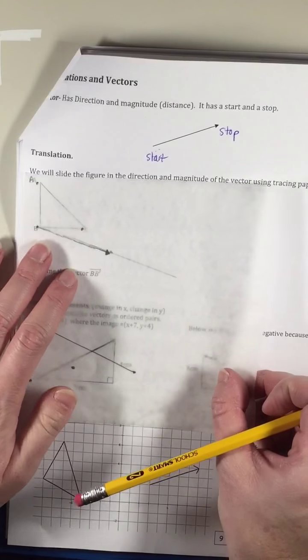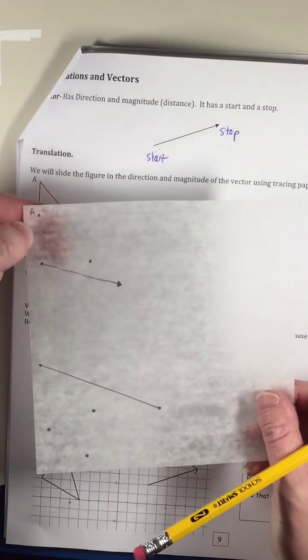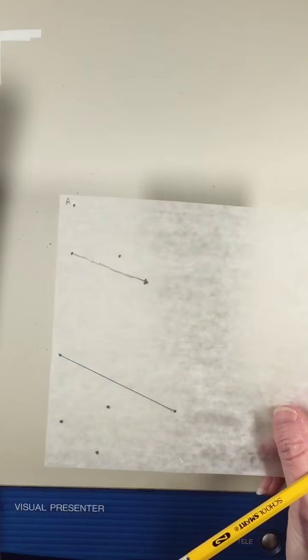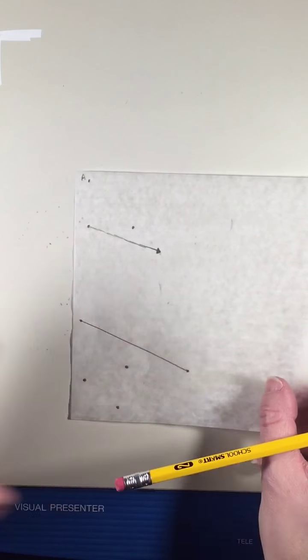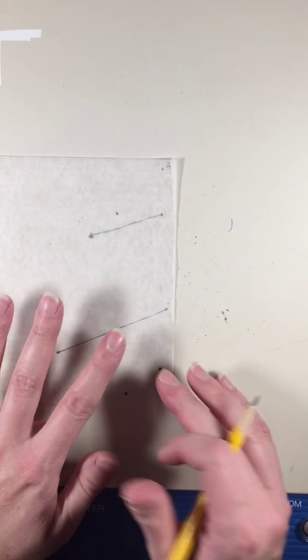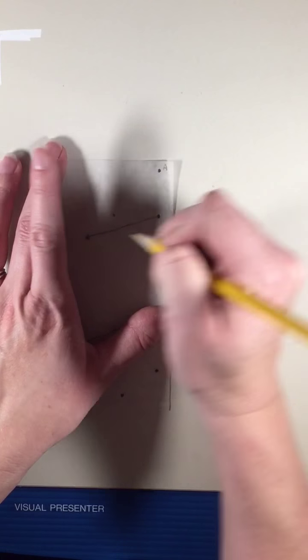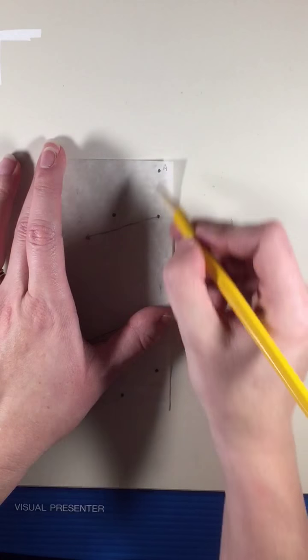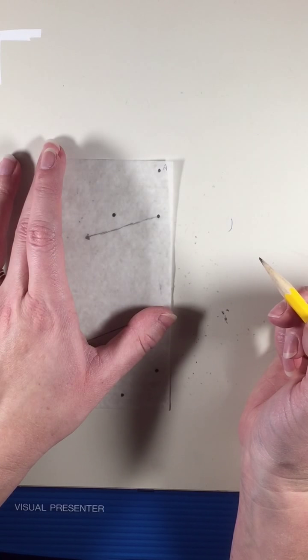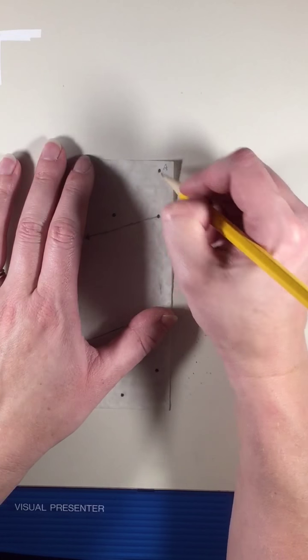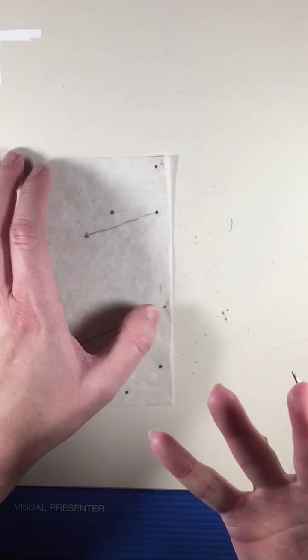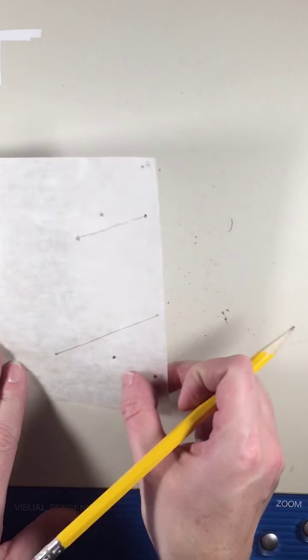It's a slide. So we need to make sure and move our points that we're sliding onto the back of the tracing paper. So without my paper underneath, I'm going to flip over my tracing paper, and I'm going to trace the vertices on the back of my tracing paper, okay? So that makes sure that when I go over it again, there's pencil on the back of it. So I'm gonna flip it back over. Don't forget to flip this back over, okay?